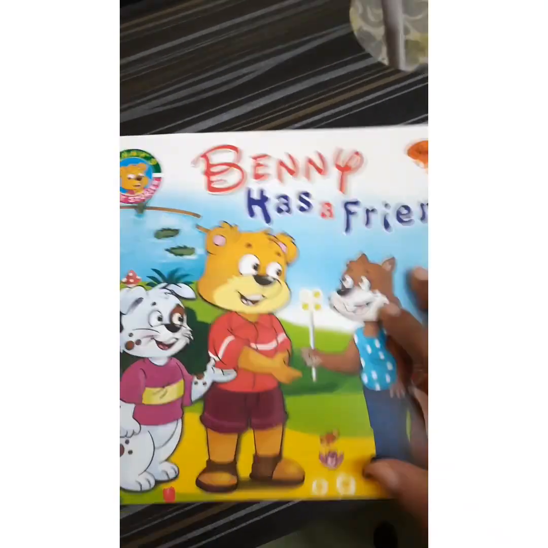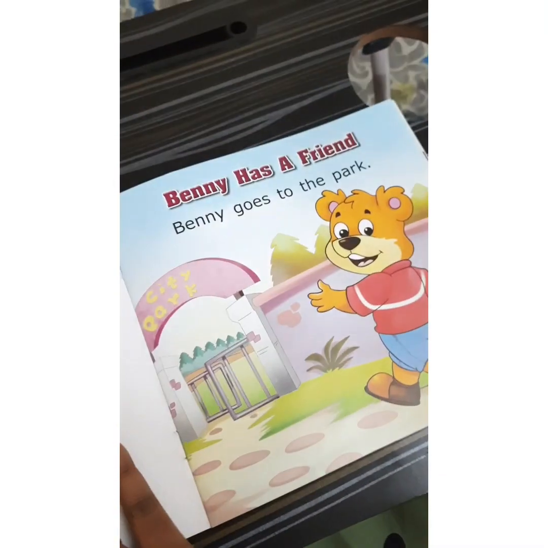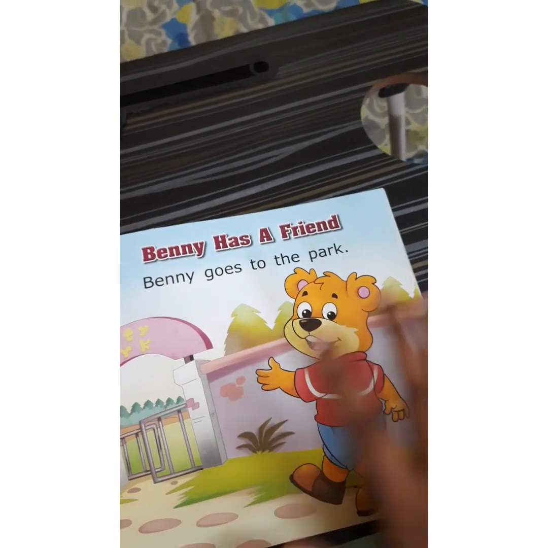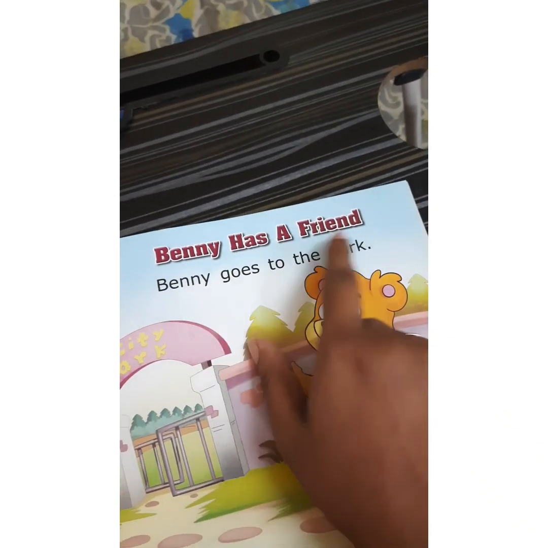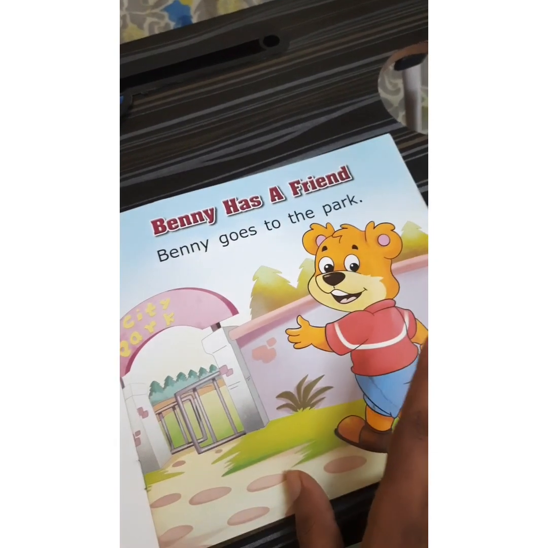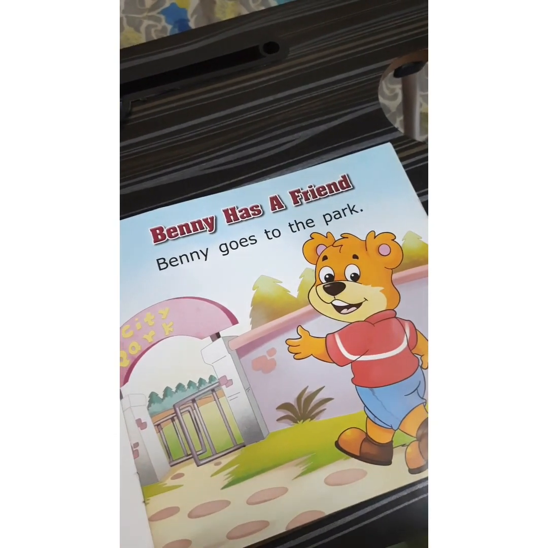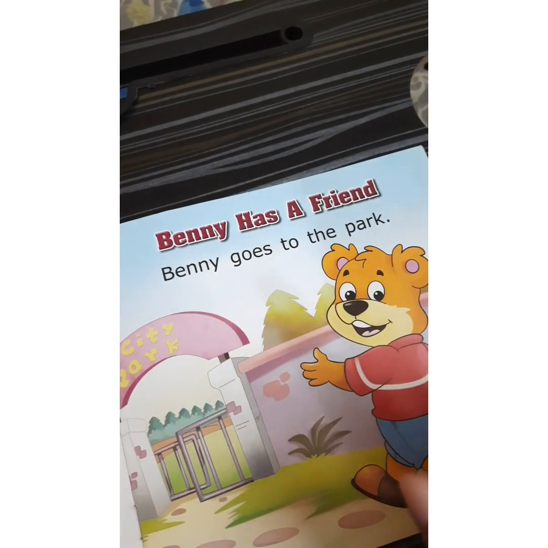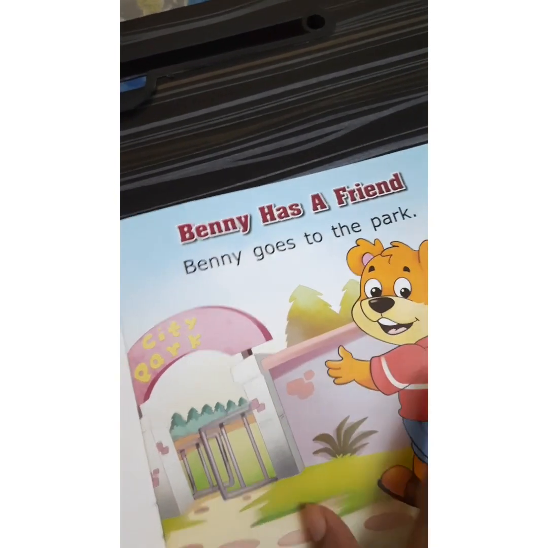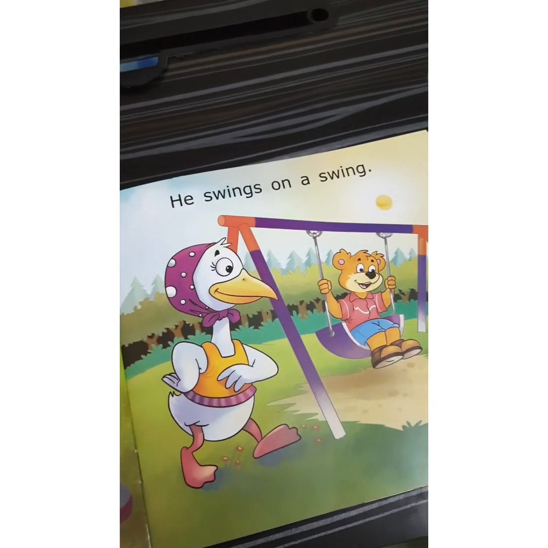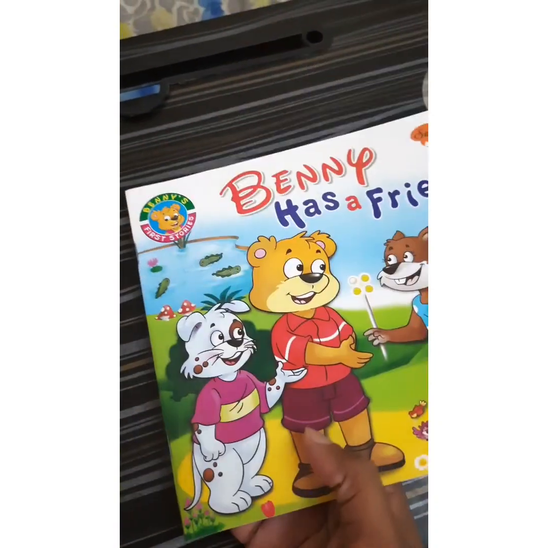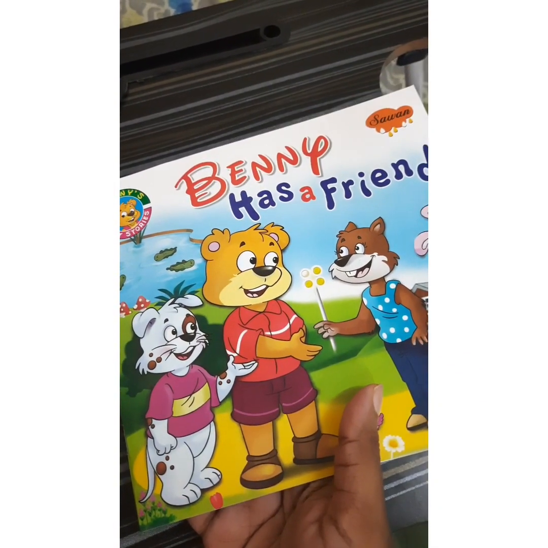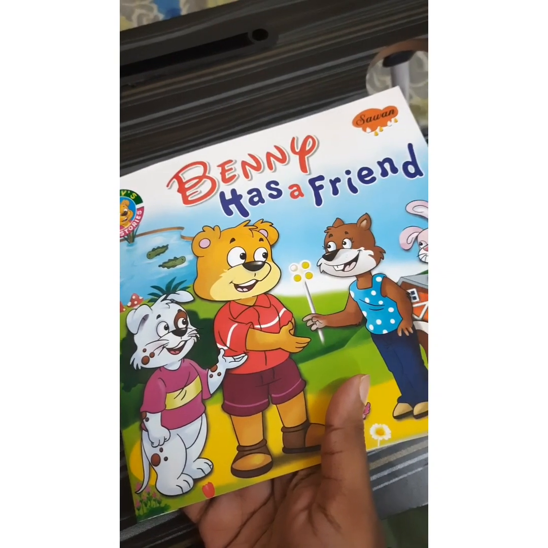And then these books are really good, because we have a huge picture here and one sentence, and this is really good even if the child is not able to understand the complete story. But these books are going to help with the reading part, because they are only one-line stories. So you can definitely go for Benny books.